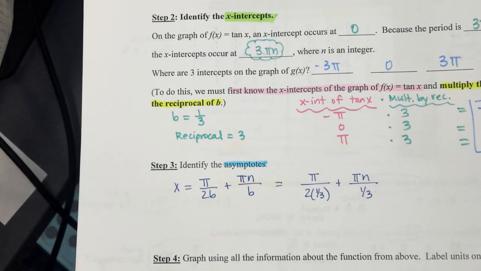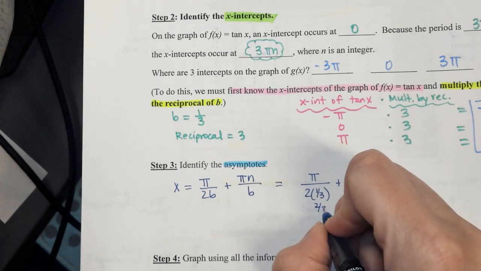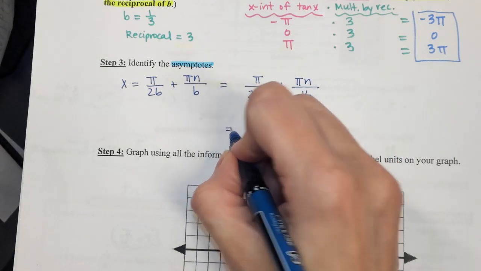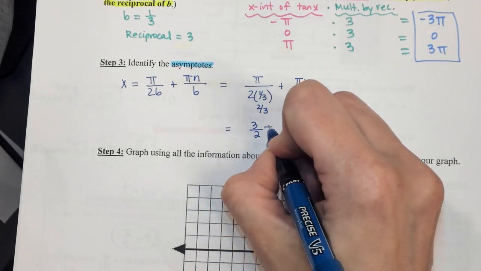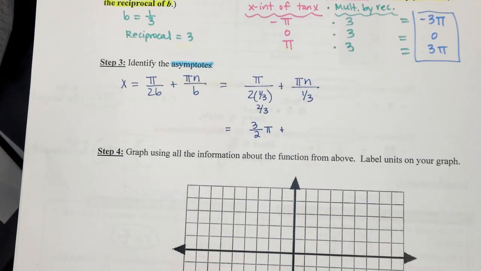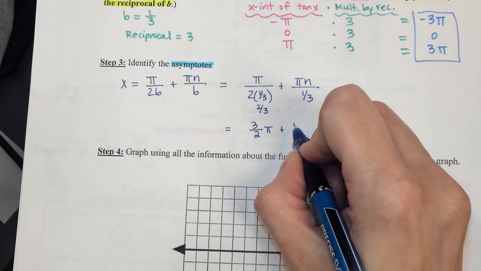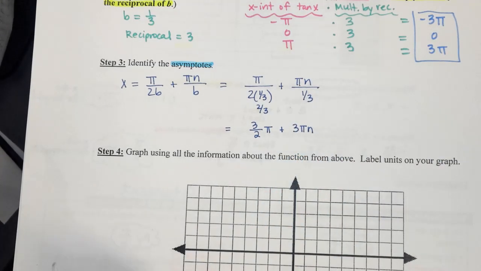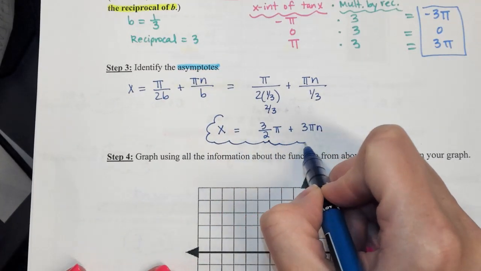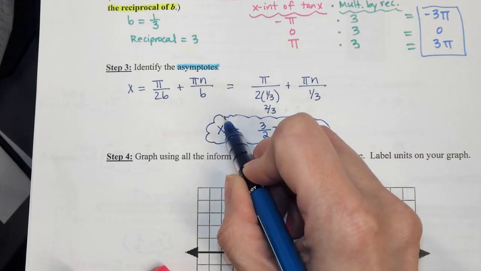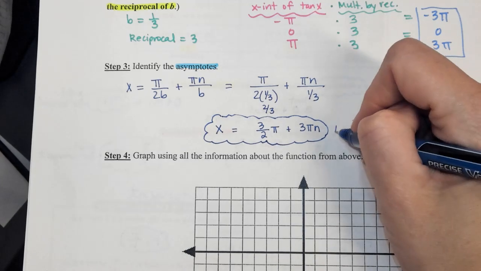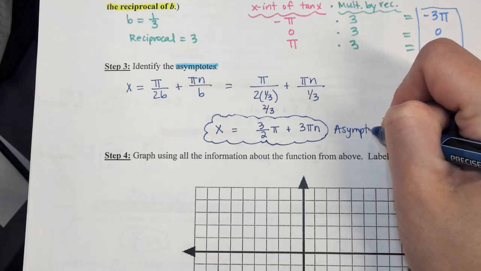All right, so 2 times a third is 2/3. So when you multiply that by the reciprocal, this is going to be 3 over 2 pi. Pi n divided by 1/3 is going to be written as, yes, great. Okay, and then you always need to do the x equals because an asymptote is a line. And this is telling you that this is going to be a vertical line. Okay, so these are your equations for the asymptotes.